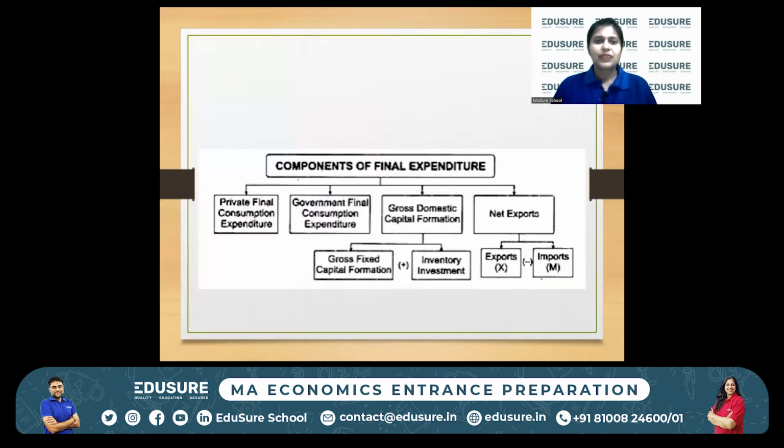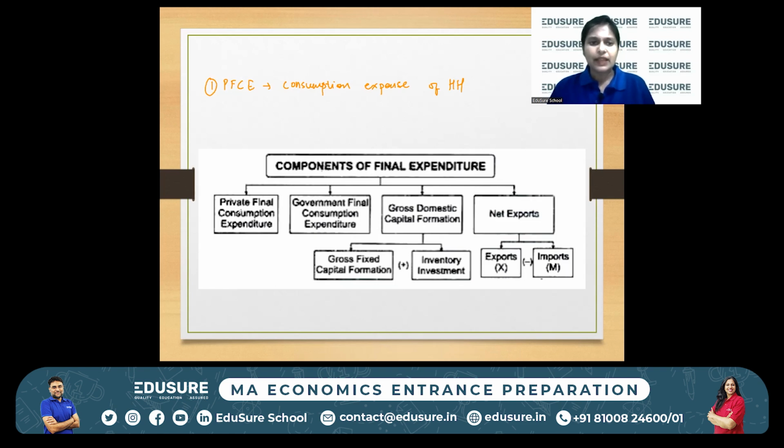All right, so there are different components to final expenditure. The first component, when you add final expenditure, is called private final consumption expenditure, which is basically, in other words, the consumption expense of households. So when households spend, the name of that expense is called private final consumption expenditure.